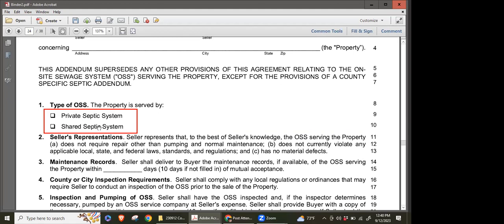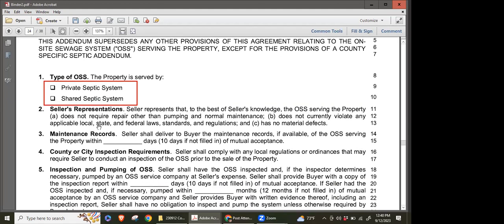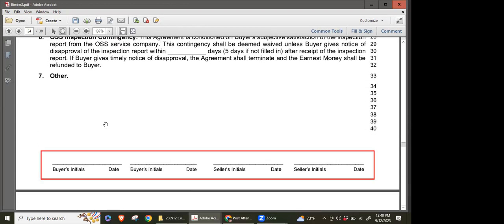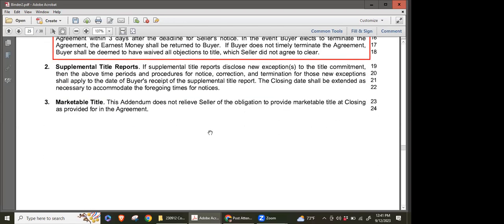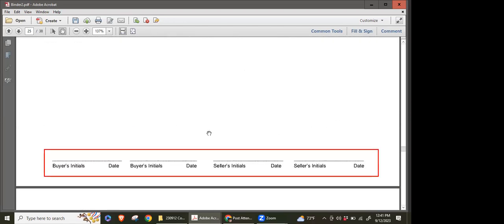There's a certain number, and I've forgotten how many you can have. I think this one was designed big enough for 12 homes. It was in Winthrop, and it was amazing what they did. I checked then here, title contingency. I just checked what you have checked. Does it make sense? And does it have the signatures?